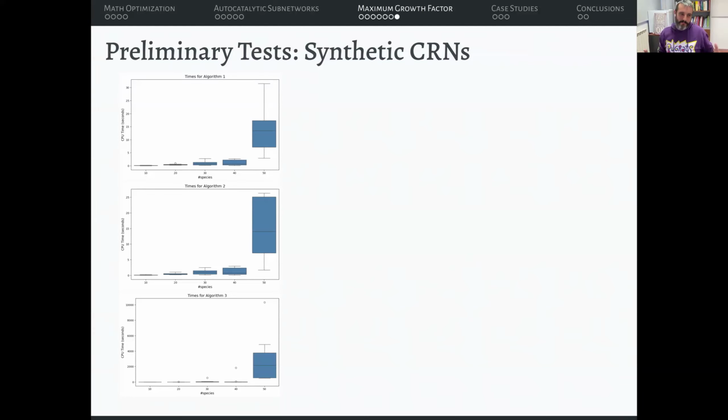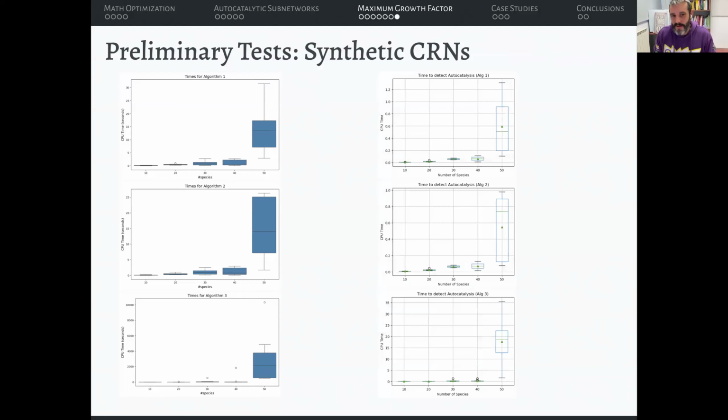I don't know if I want to say it is good news or not, but there is something good here: in the process of finding the maximum growth factor, I'm finding suboptimal solutions. That means that we can find subnetworks in which the growth factor is not the best one, but is going in the path towards one.